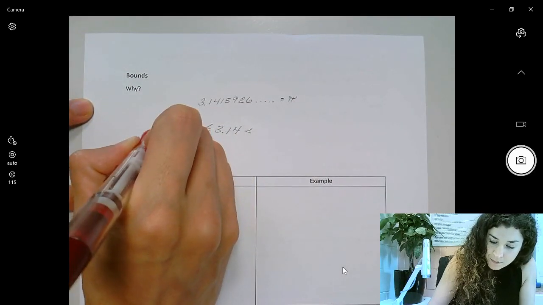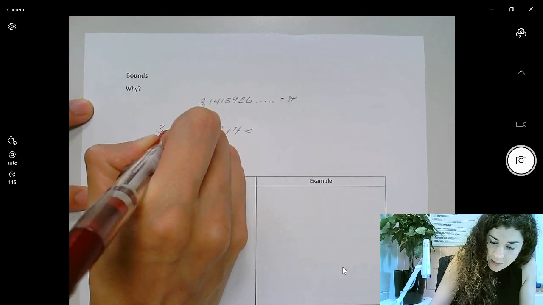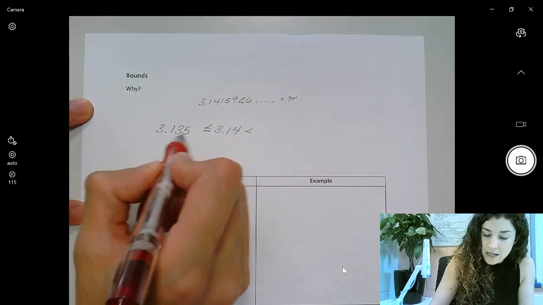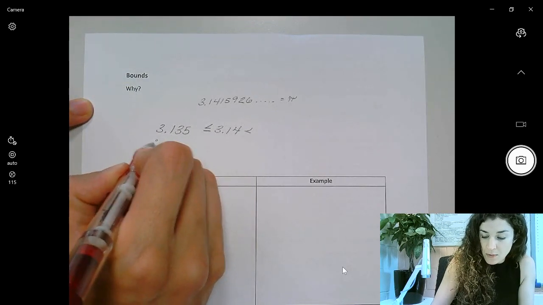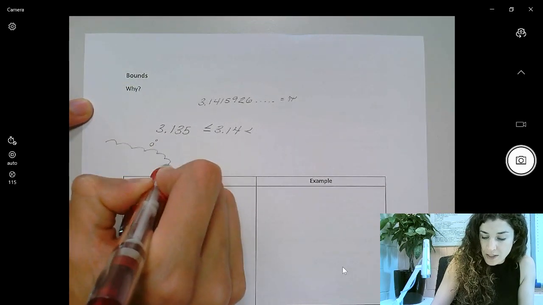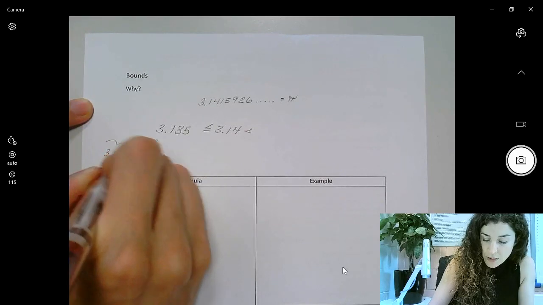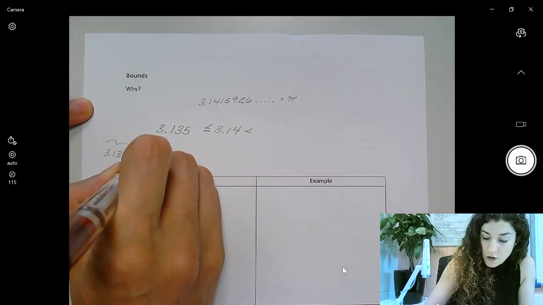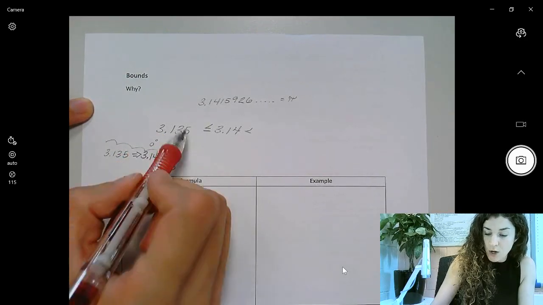Now, we'll start with the lower one, 3.135, okay? The idea here is that if you are at 3.135, so we'll do a little thought bubble to the side, 3.135, if you rounded it to 2 decimal places, would become 3.14.